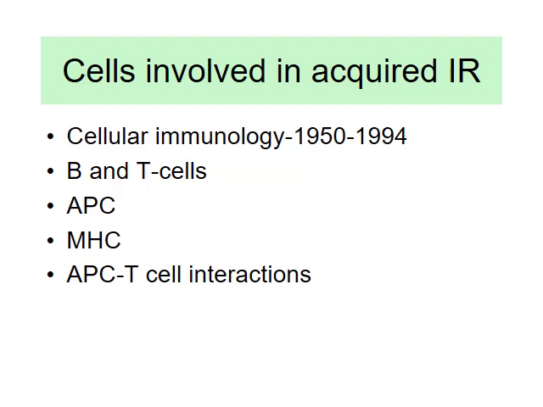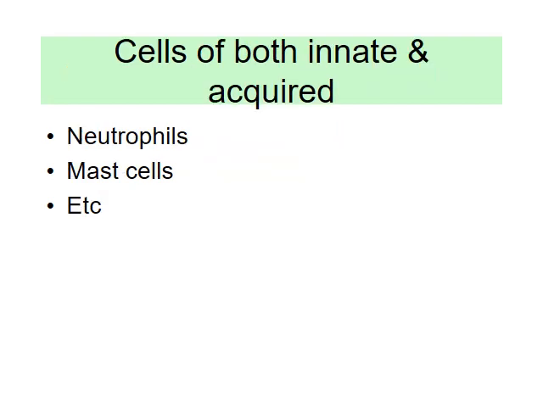So I may say, which of the following cells is not a part of acquired immune response? And guess what? Neutrophil is not there. If you go to the next slide, you will see these are the cells that become part of both innate and acquired. They are not directly a part of acquired, but they can be called in. Yes, they're a little bit non-specific.